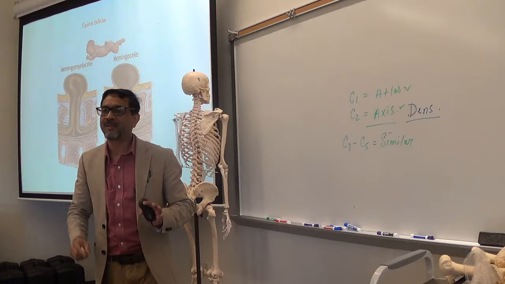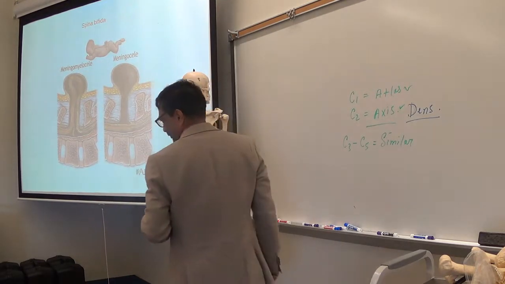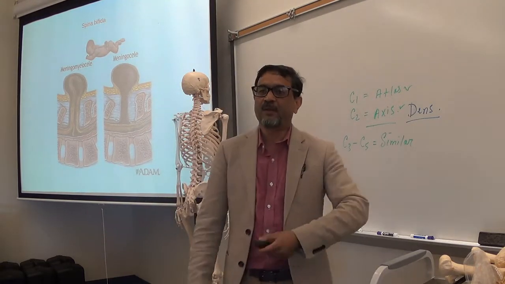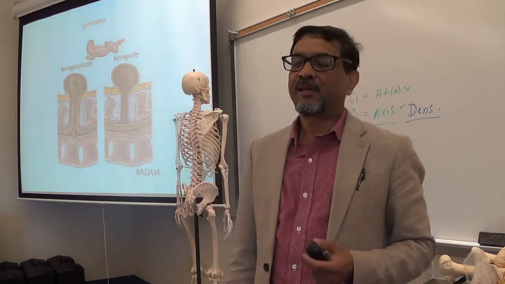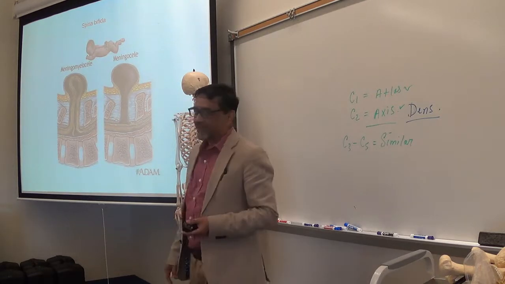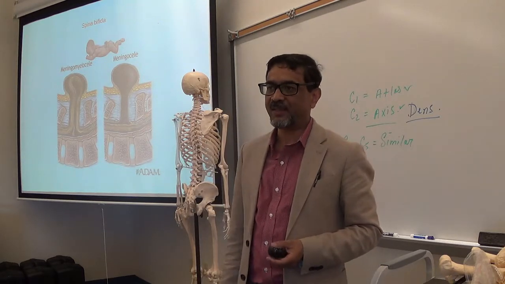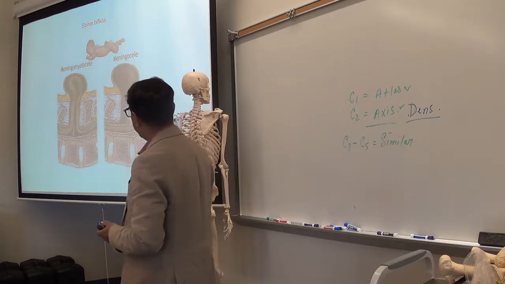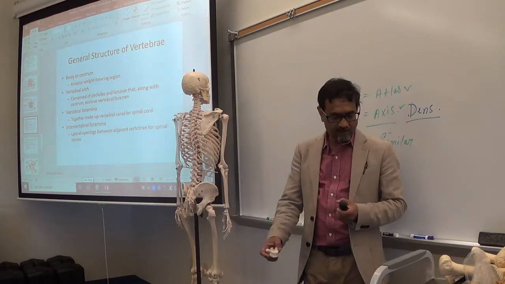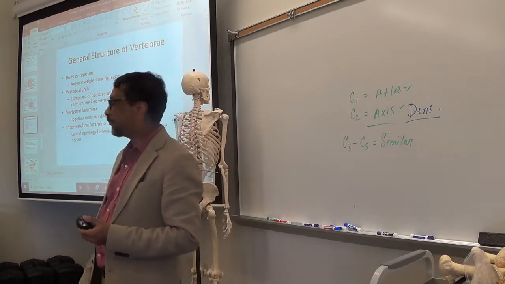That is called meningocele. So meningomyelocele if both come out, and meningocele if only the covering comes out. In both cases, you might need a surgical procedure to fix it. So those are a few abnormal or clinical conditions related to the vertebral column.